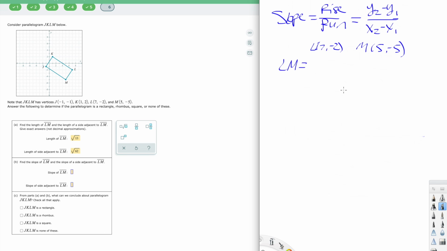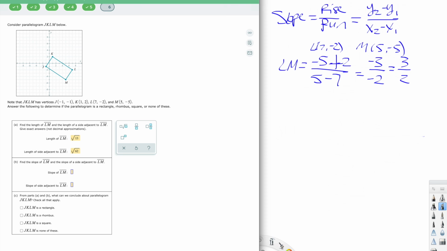And so we have y minus y over x minus x, minus negative because it's the two negatives, and then 5 minus 7. So I end up with -3 over -2. Well, the two negatives are going to drop away. It's just going to be 3 over 2. That was actually a guess. I didn't mean to do the 3 over 2. That's very silly. I did not mean to guess that slope there.